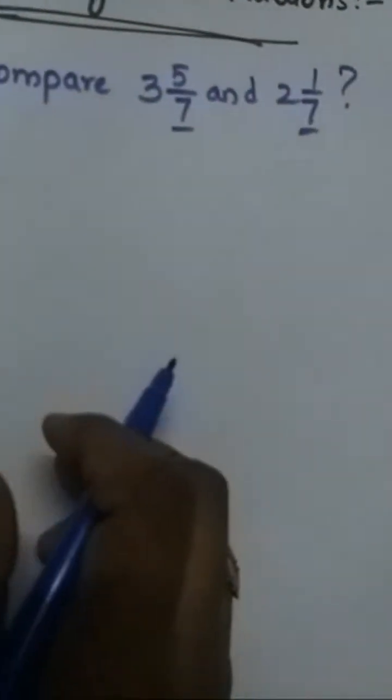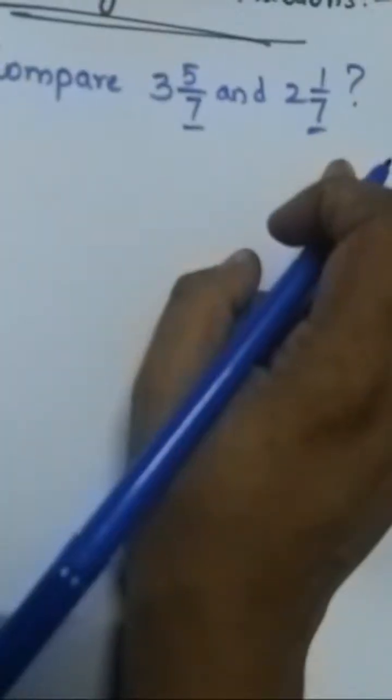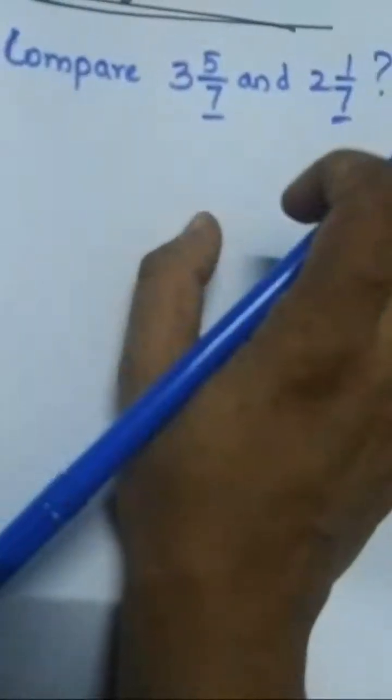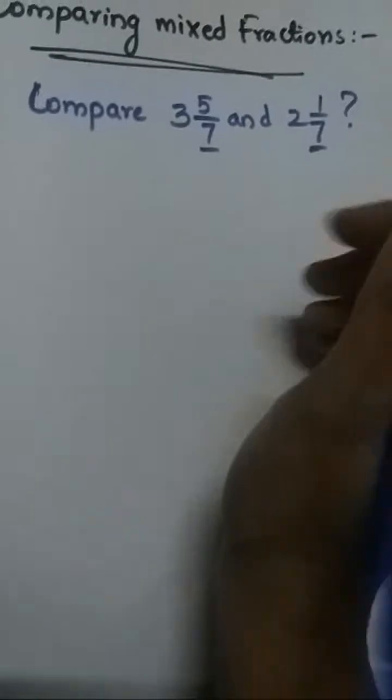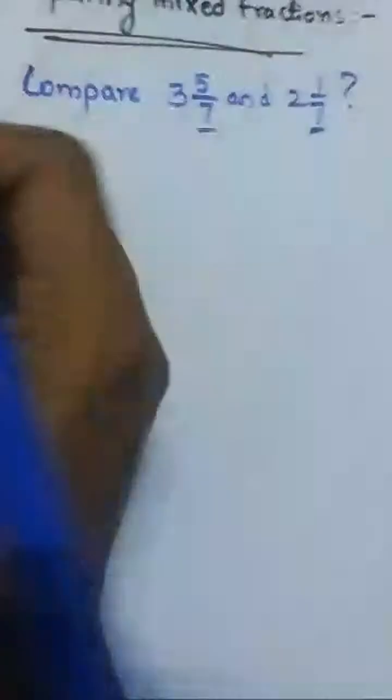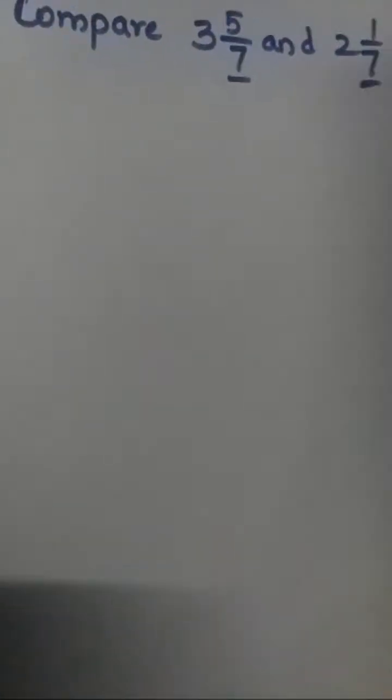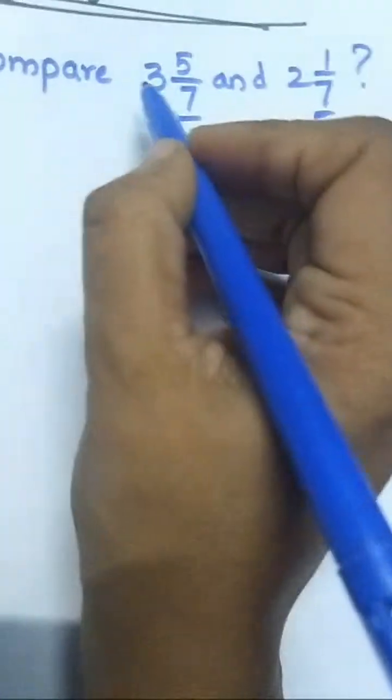But see here, the denominator 7 is the same, like fractions. These are mixed fractions with like denominators. Okay, so it is easy to compare. When comparing mixed fractions, we should compare the whole numbers.